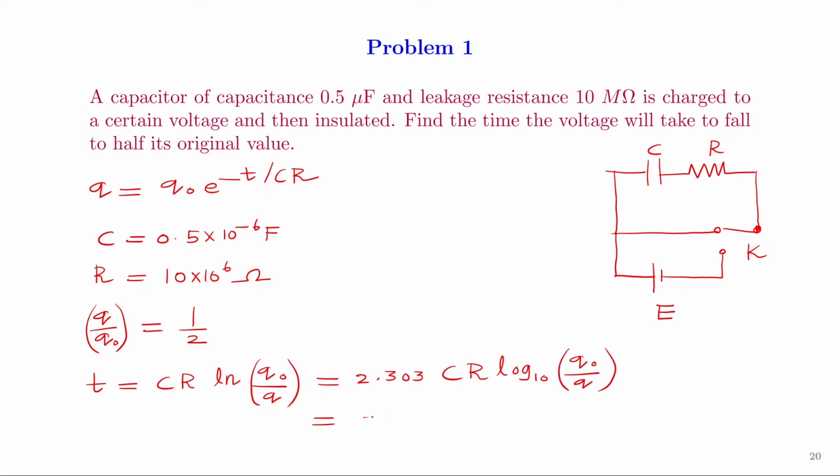So this is equal to 2.303 times 0.5 times 10 raised to minus 6 times 10 raised to 7 times log to the base 10 of 2. And this turns out to be 3.47 seconds.